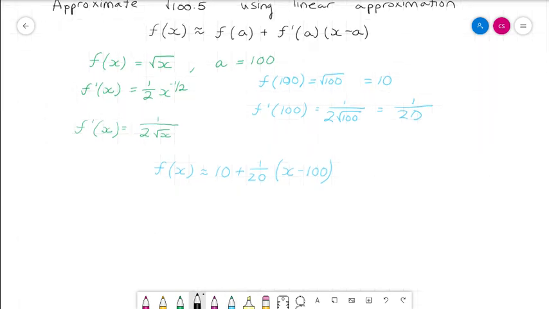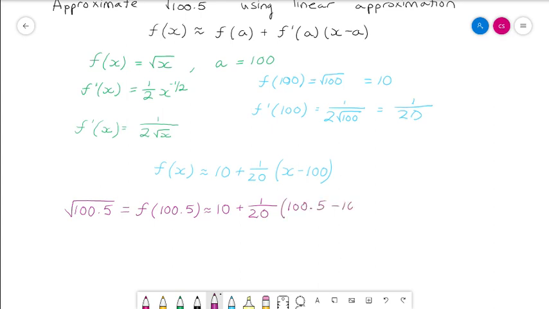Okay, so square root of 100.5, how does it relate back to our f function? It would be x is 100.5. So it would be this, right? Okay, and now this is approximated by our tangent line at a equals 100. Okay, something like that.